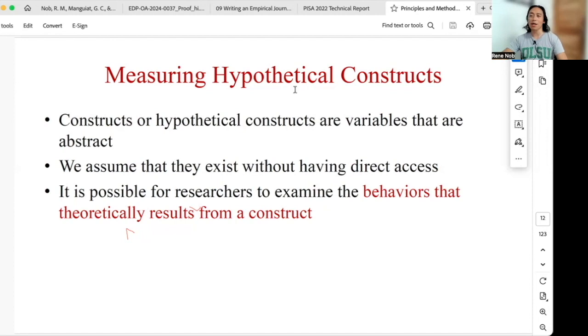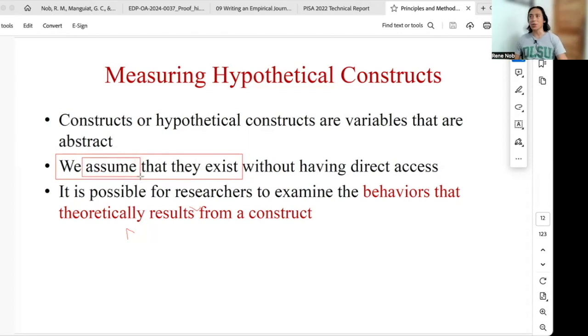Hypothetical constructs are variables, meaning to say they exist, they differ from one person to another. However, they're abstract. They cannot be seen. They're intangible. And take note, whether or not they exist is a matter of assumption. They exist as far as we assume that they exist.